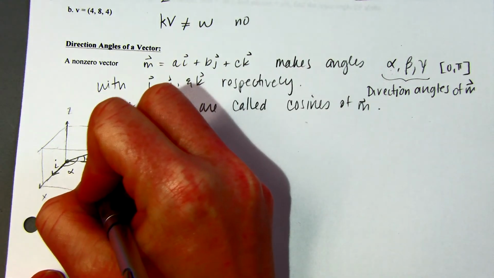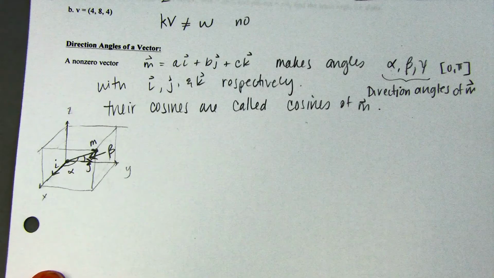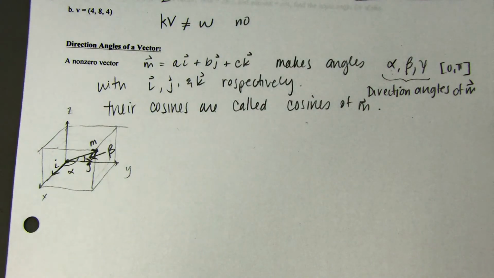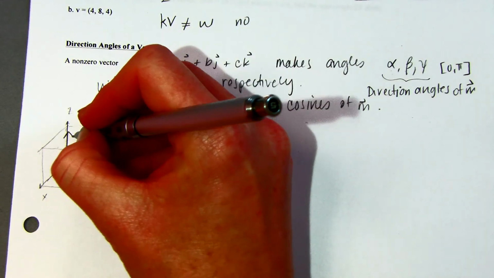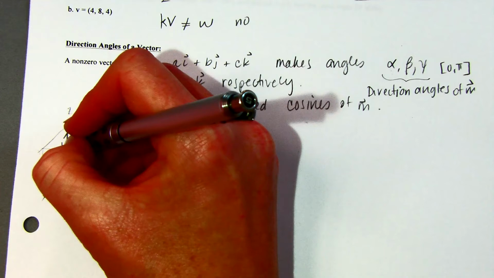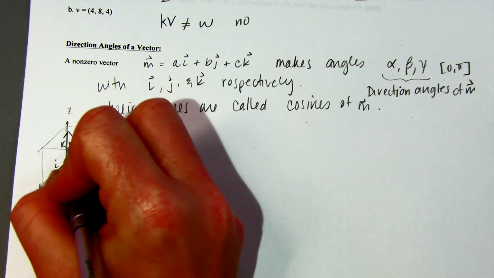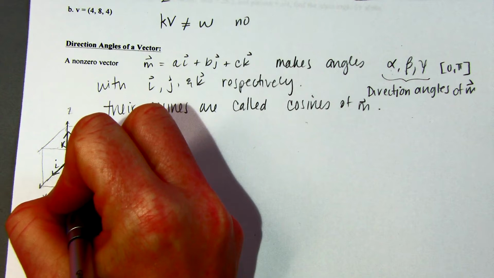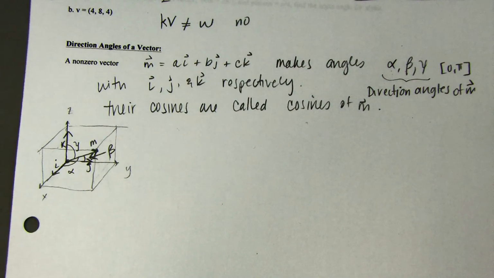Wow, it really did not give me enough room. And then here's vector k, the unit vector, and the angle between m and k is gamma. It's really hard to visualize this without a three-dimensional model.